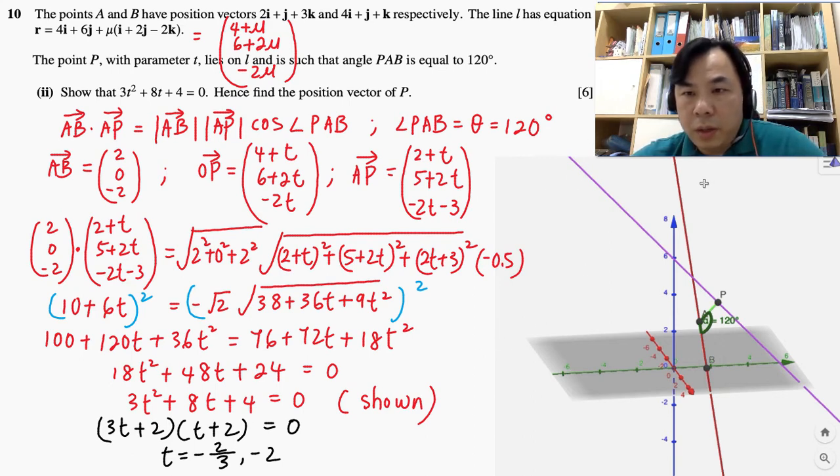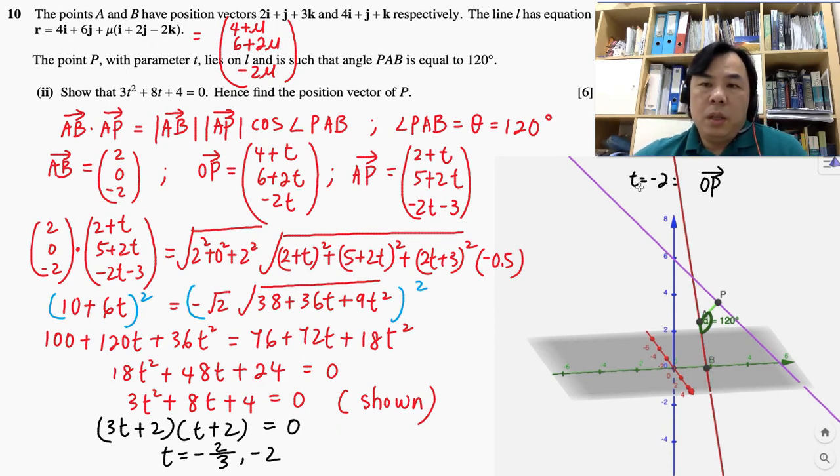And now I'm going to write it down here. The first one for t equal to, let me use -2 first because it's easier to work with. So for t equal to -2, my position vector for P would be 2, and then that will be 2 also, and then finally I'll get a 4 here.